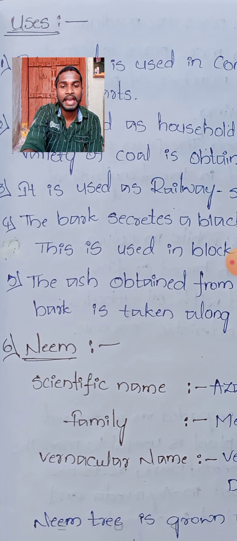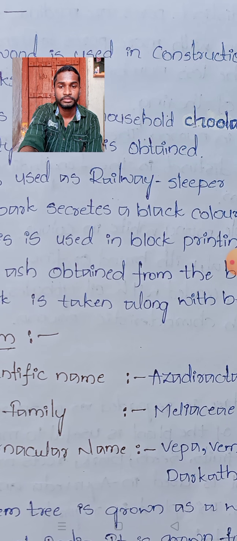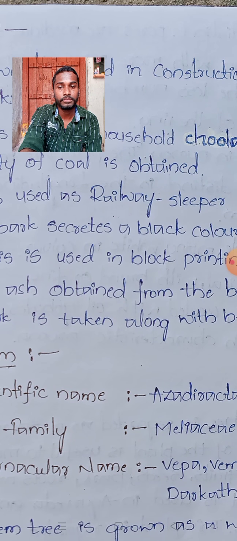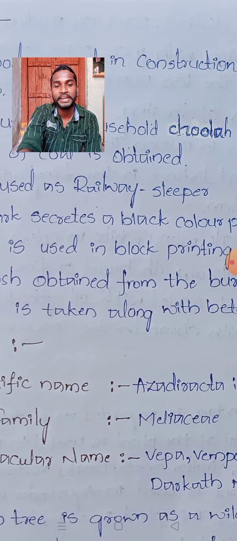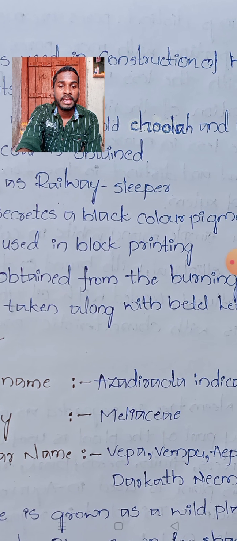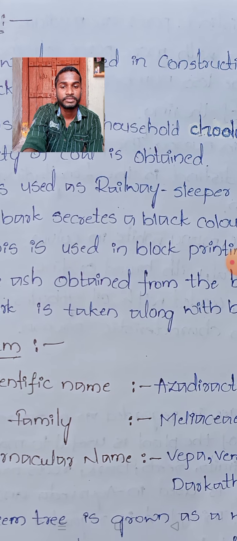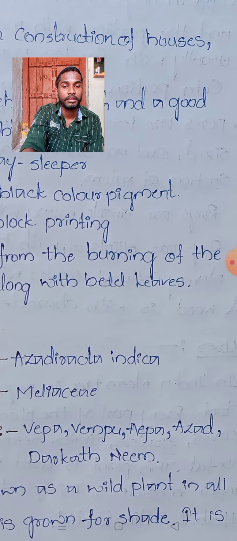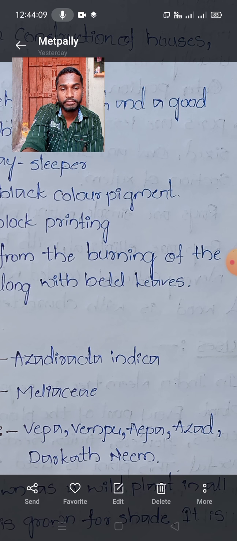The bark secretes a black color pigment used in black printing, and the ash obtained from burning the bark is taken along with bitter leaves.